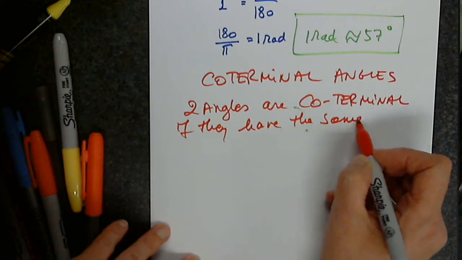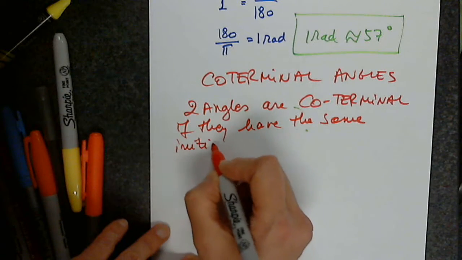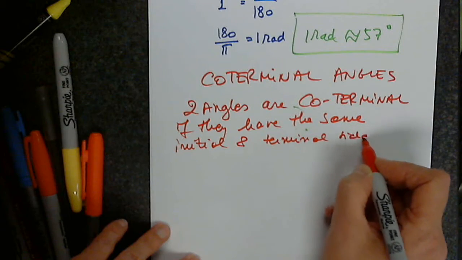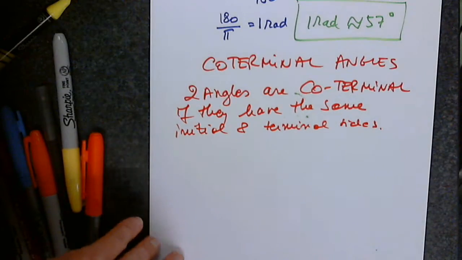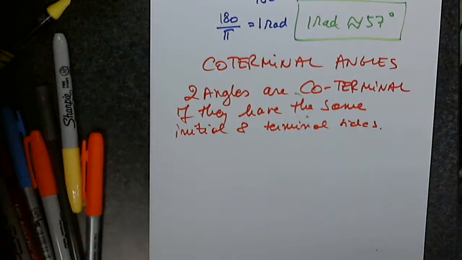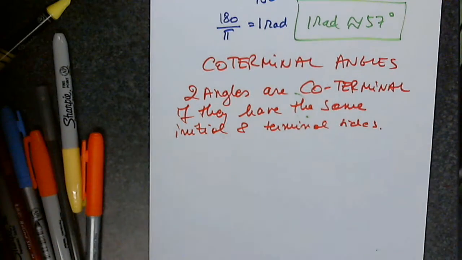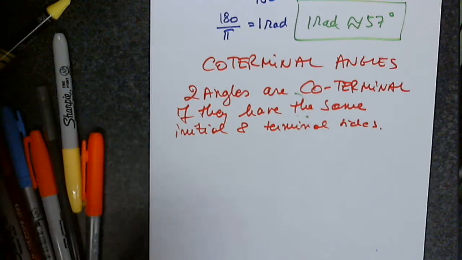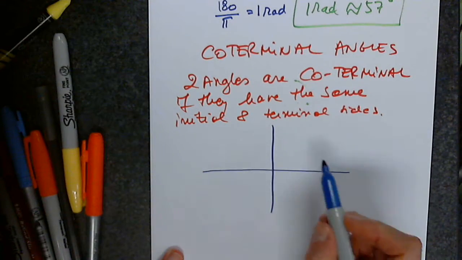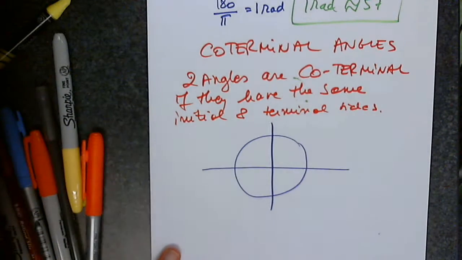Is this extremely important? It is important. Something else after this is more important. But yes, it's useful to know that I can create as many coterminal angles as I can possibly think of.